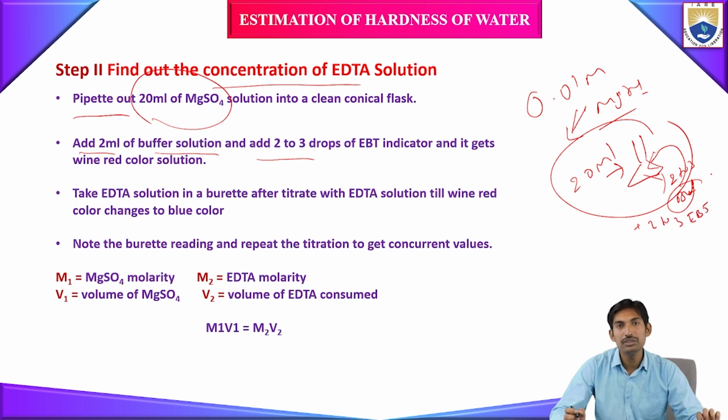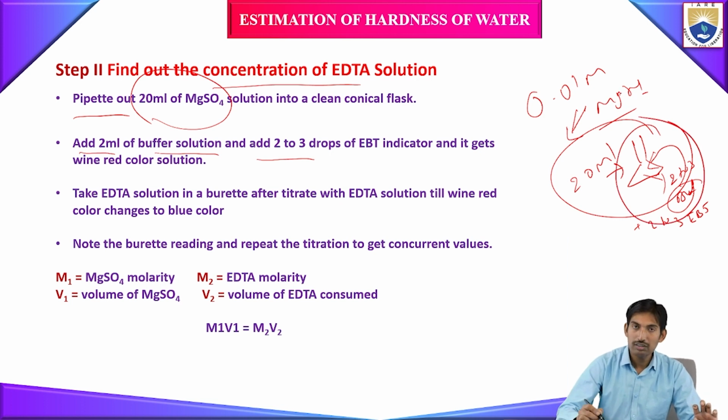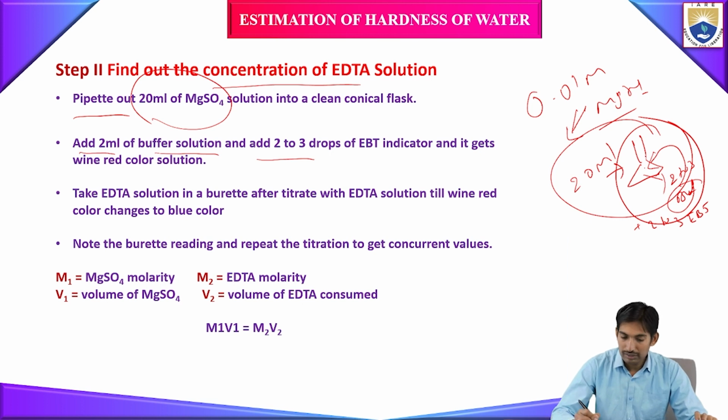What is EBT? EBT is nothing but Eriochrome Black T indicator. Then what color of this solution do you get? Here, magnesium sulfate 20 ml, so what ions are there? Magnesium ions are there. For that we are adding pH 10 buffer, or pH 9 to 10 buffer, that is a basic buffer.